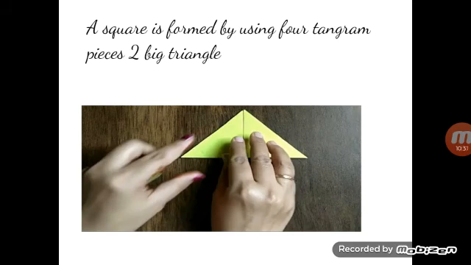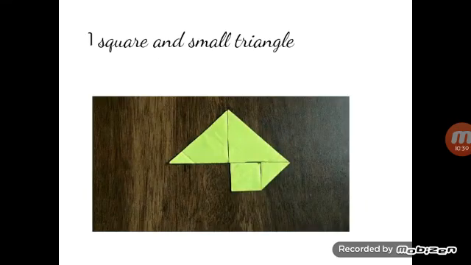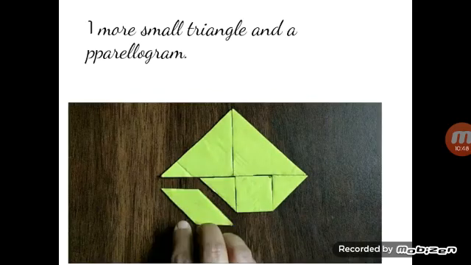Now you have to take 2 big pieces of triangle. Okay, these are the 2 big pieces of triangle. 1 square, and now you have to put 1 square from that. A small triangle. Now here also a small triangle, and this is the parallelogram.